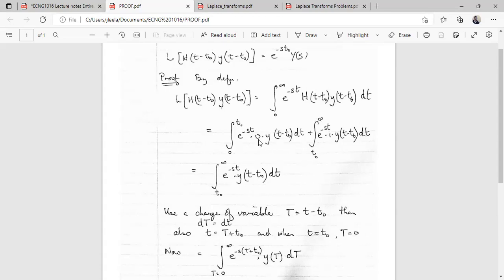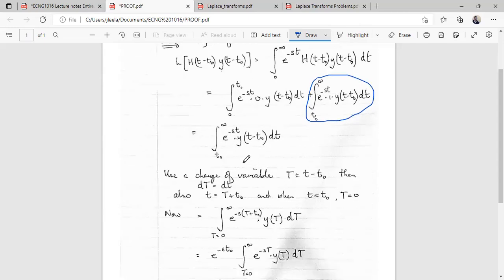So you multiply 0 by y(t - t0) e^(-st), and on the other side, between t0 and infinity, you multiply e^(-st) by 1 by y(t - t0). Of course, the part on the left drops off because you're multiplying by 0. So this is the only part that will survive, and this is the integral you really have to find.